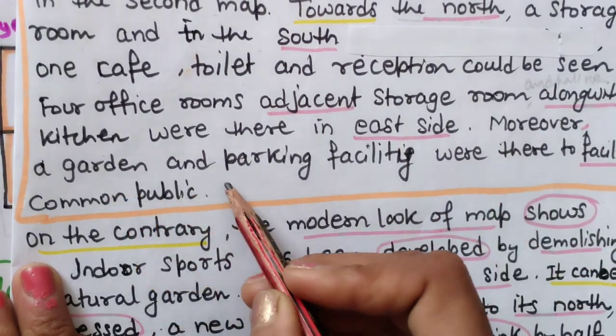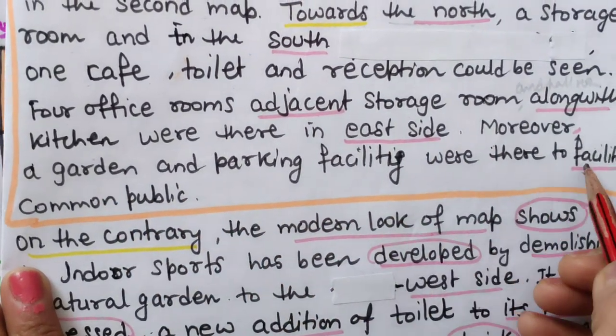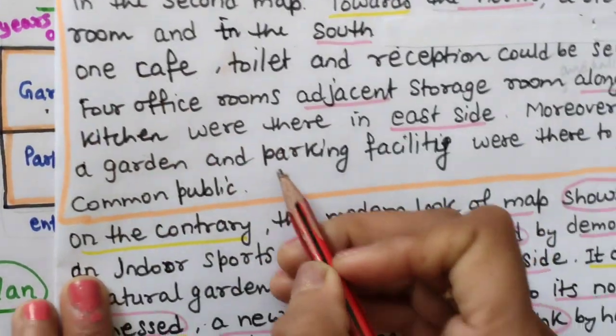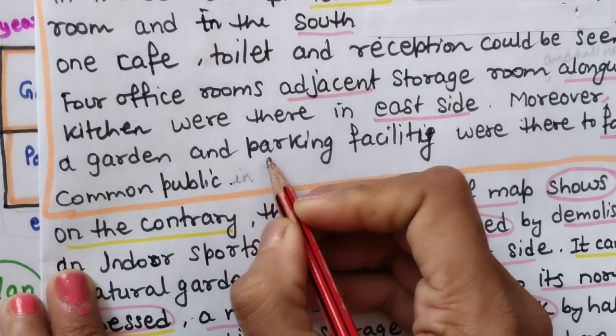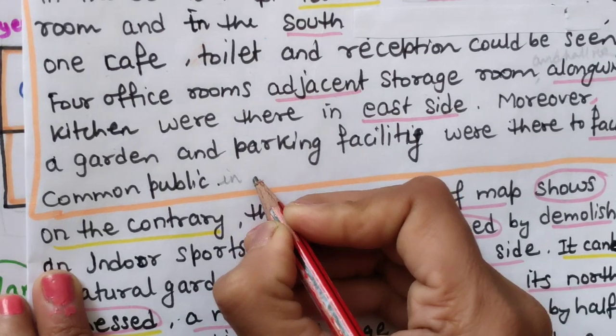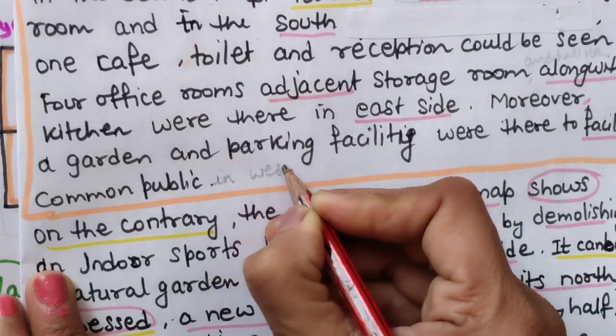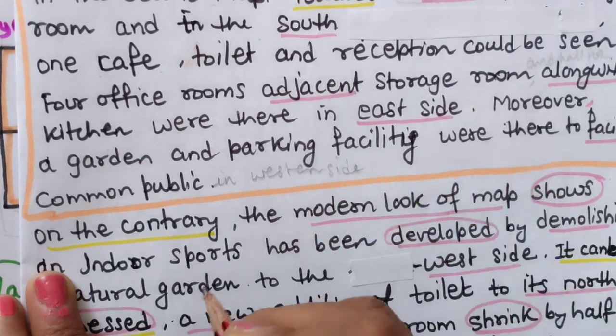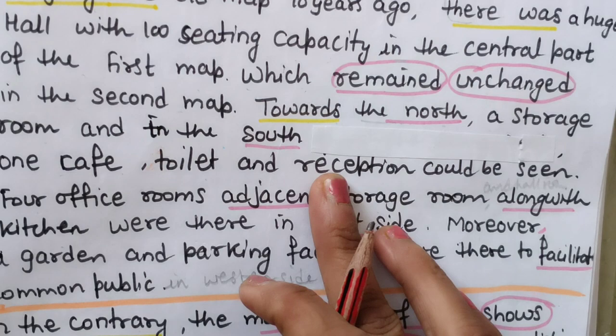Moreover, a garden and a parking facility were there to facilitate the common public, in the western side. Okay, now this first map we have discussed.